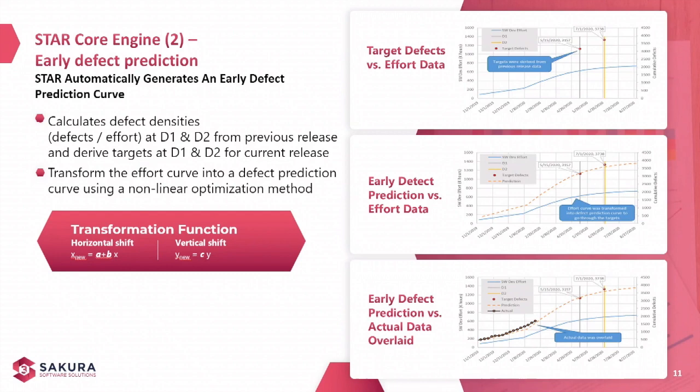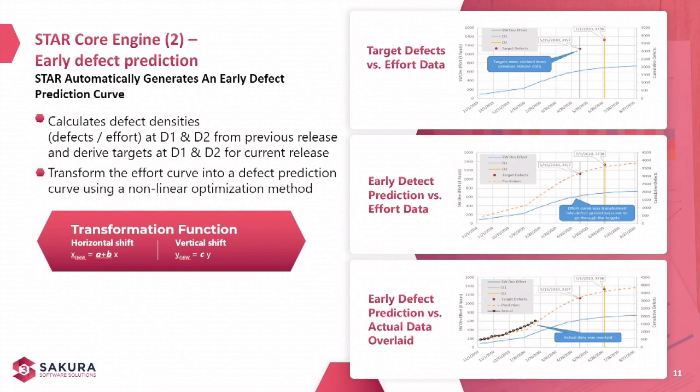And what we do is we use the previous release data to calculate the defect density over effort hour. Effort is measured in hours. So at those 2 points, D1 and D2, those are delivery dates, delivery for trial and delivery for the deployment.